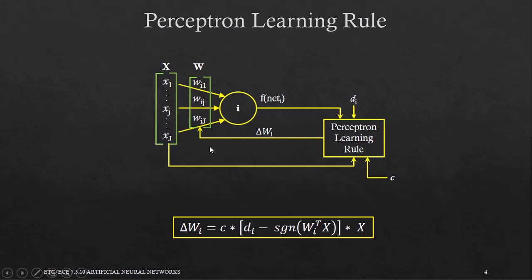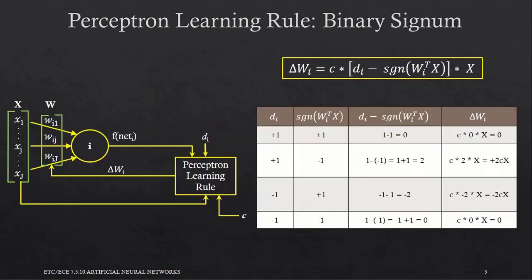Let us now discuss some implications of the signum activation function and hence the working of this perceptron learning rule. If we assume a binary bipolar activation function with possible neural and desired outputs either +1 or -1, then Di and signum(Wi transpose X) can have 4 combinations as shown in this table: +1 and +1, +1 and -1, -1 and +1, -1 and -1.